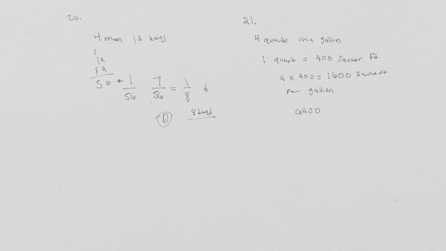So I guess you could just go 400 into 6,400. Let me see. 4 goes into 64.